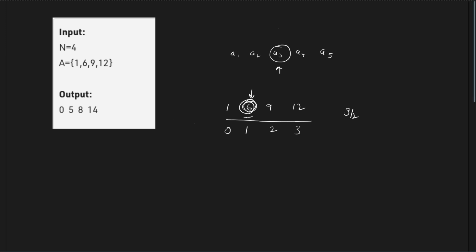So essentially at each step I'm taking the middle element, and I'm trying to make all the elements equal to the middle element. Now this part is very clear, that I can easily take the middle element to minimize the number of steps. But how do we actually calculate the number of steps required to make all the elements equal to that middle element, right? This is the tricky part.